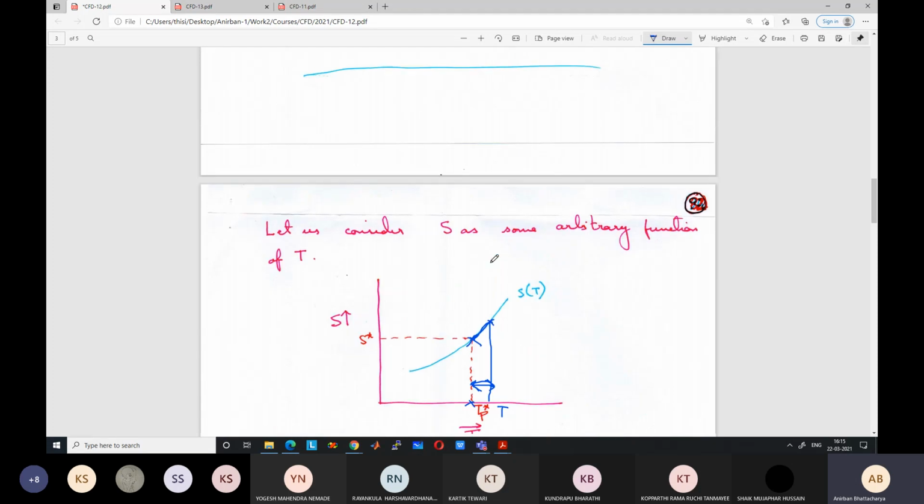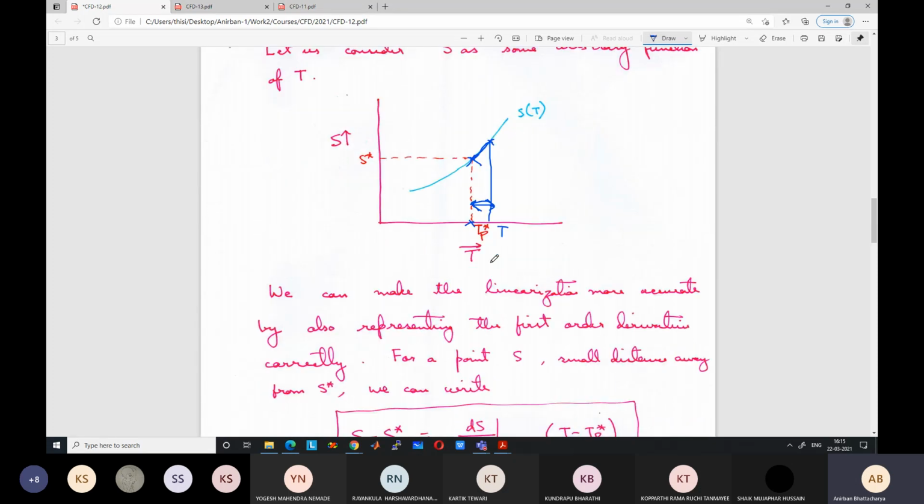Why does Control Z not work here? Actually we don't know what this point is.